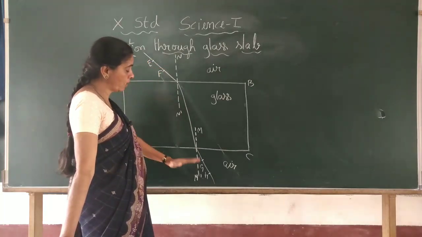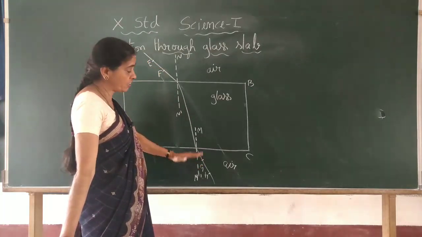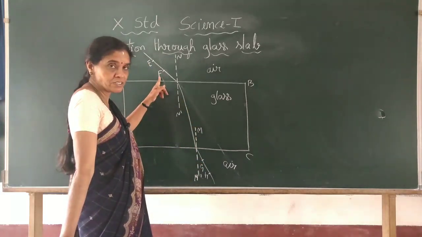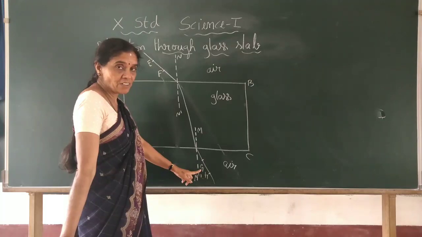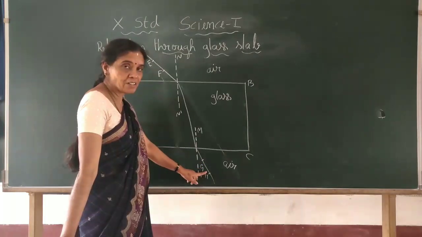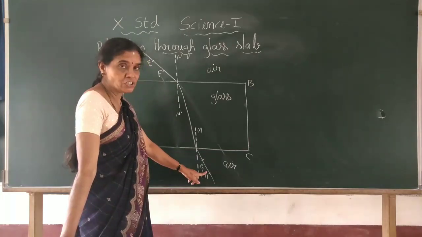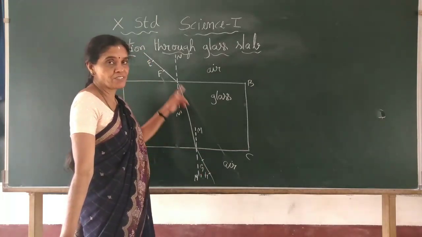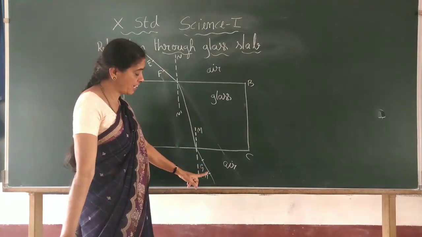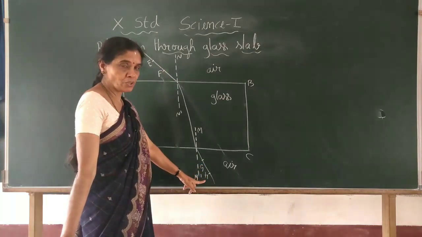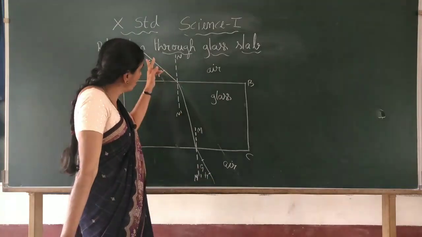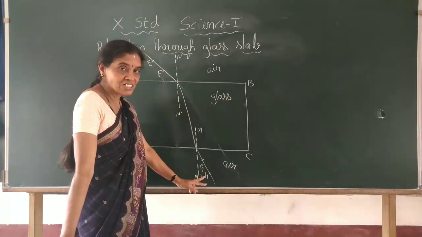Then come to the opposite side, and you have to bend and see the image of these two pins, and insert two more drawing pins, seeing the image of the first two drawing pins, here G and H, so that when you bend and see from this side, all appear to be in a straight line.